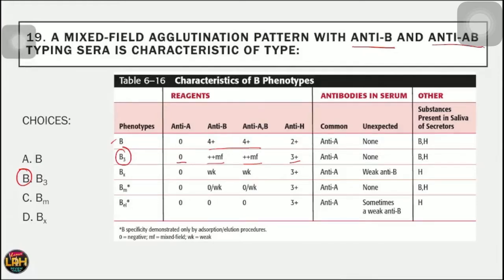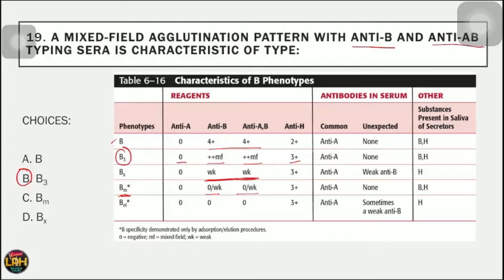For phenotype B sub X, we have a weak reaction with anti-B and anti-AB. For B sub M, we usually observe no or weak reaction for both anti-B and anti-AB.